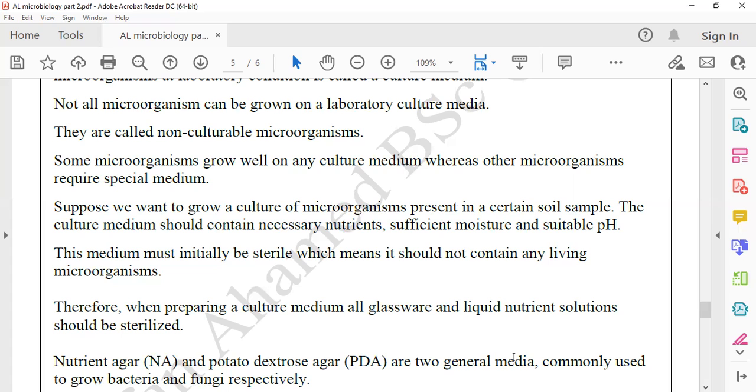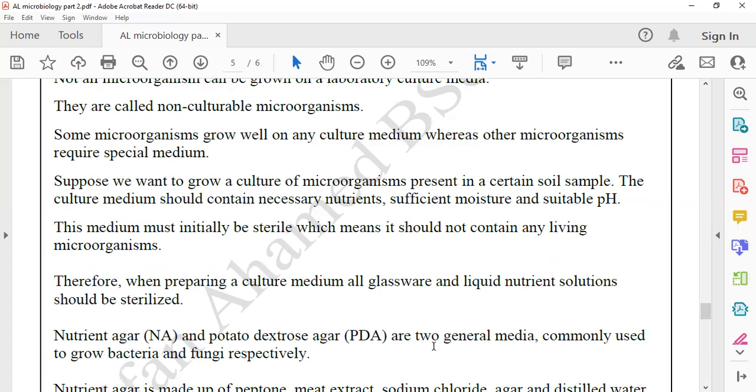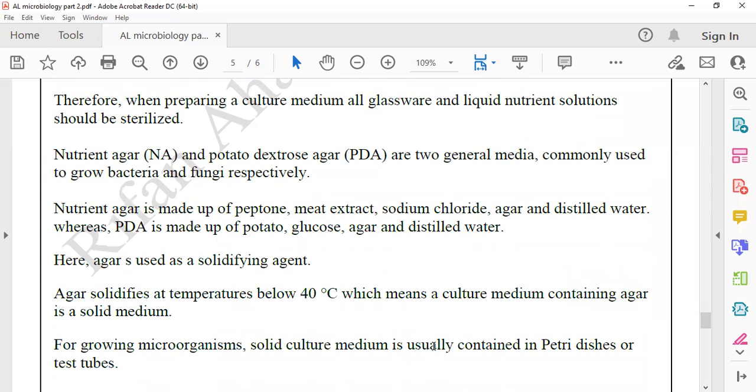Understood? Good. And thereafter, we are coming to another heading. Another heading means another point. In the culture medium, there are two major types of culture medium. Actually, there are certain other types of culture medium, but two major types are these two. One is nutrient agar, the other one is potato dextrose agar.